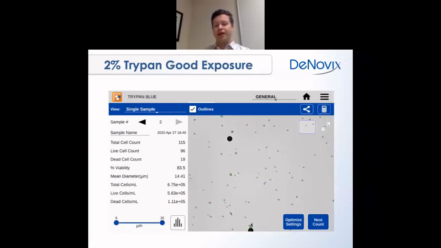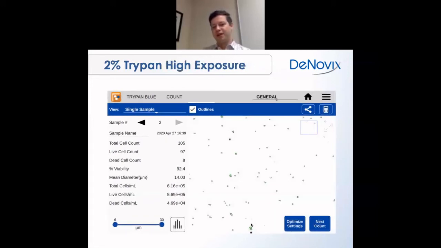In this image here, you're going to very clearly see little bacteria swimming around. In this one, they're going to be totally washed out. You're going to think that your sample's good, and you're going to move on with your experiment, not knowing that you had bacteria contamination.